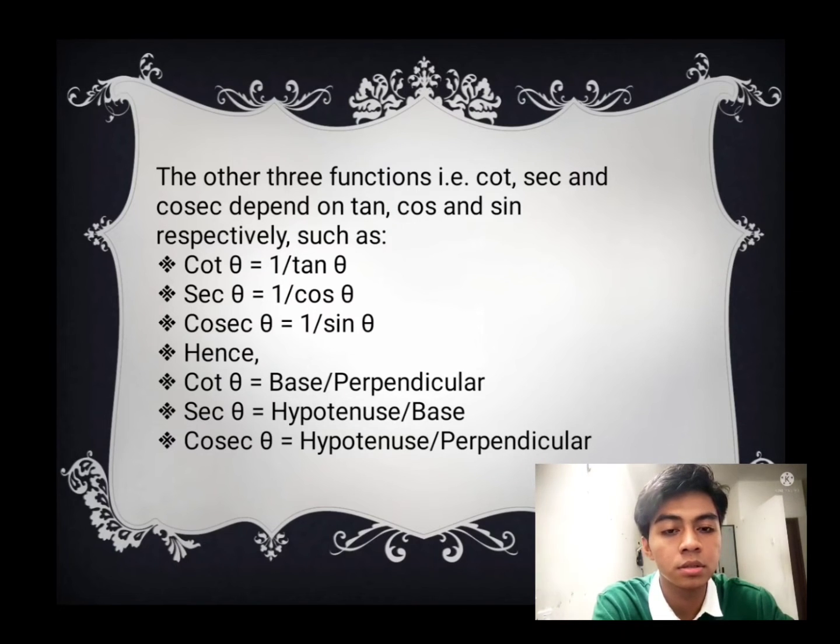Cosec theta equals 1 over sin theta. Hence, cot theta equals base over perpendicular. Sec theta equals hypotenuse over base. Cosec theta equals hypotenuse over perpendicular.